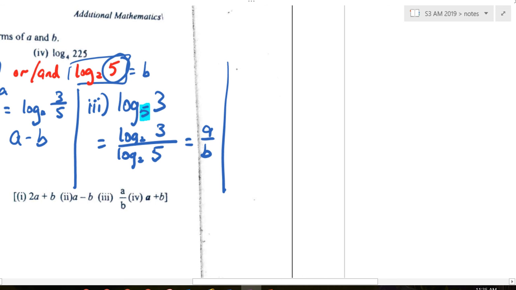Wow, this one tricky eh. I got base 4. What base is useful? What base should I change to? Do I need to change base first? I think I need 2, right? Zahira, what is the useful base? 2. Because earlier on I know log base 2 is A, log base 2 is B, right?